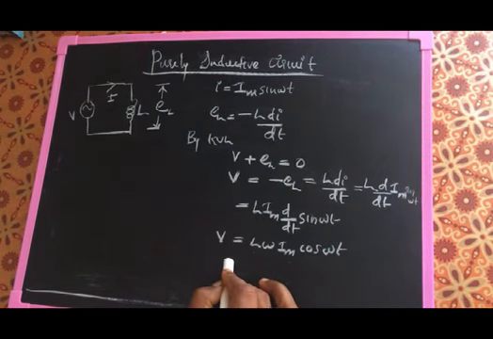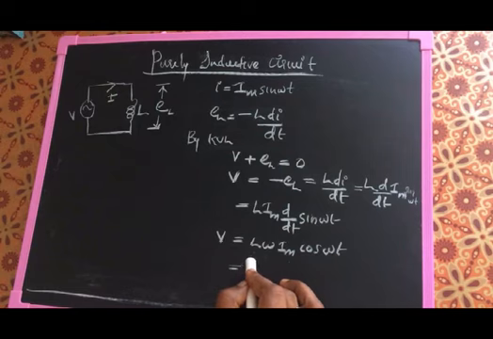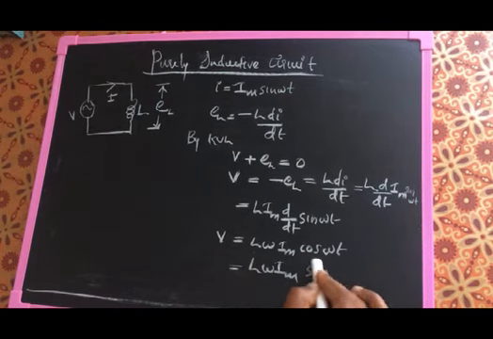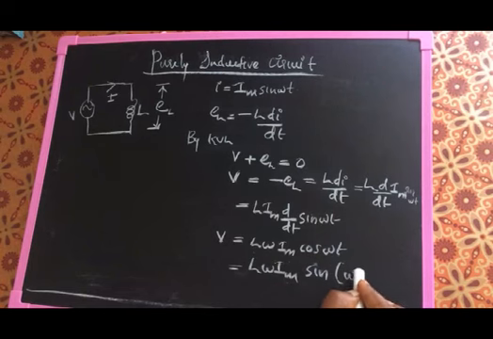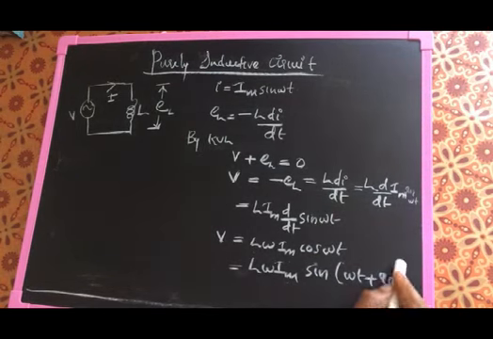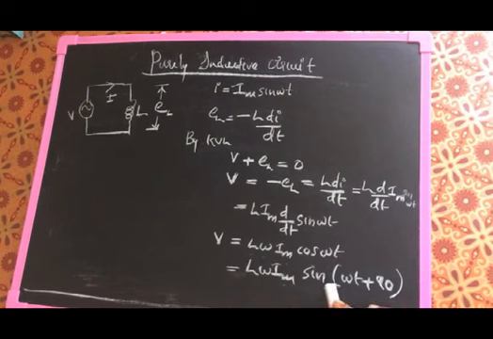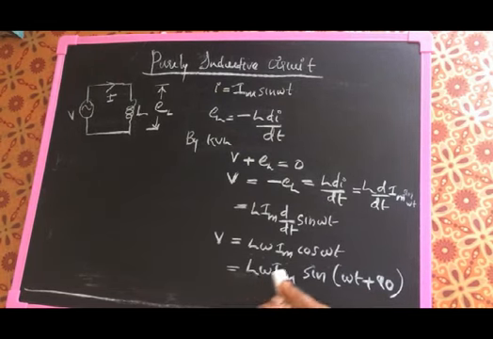So again, you can replace this cos omega t in terms of sine as L omega Im sin(omega t + 90). That is, cos omega t is equal to sin(omega t + 90).